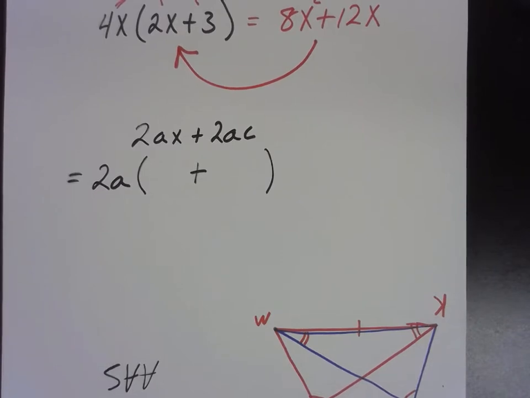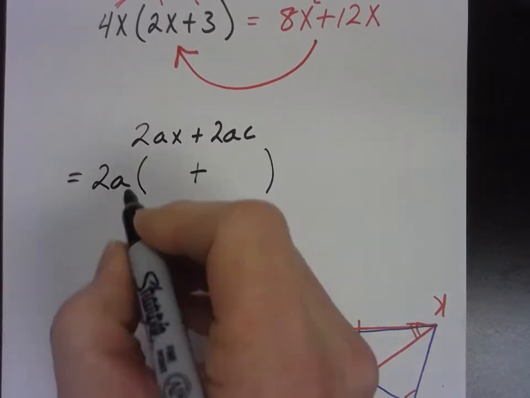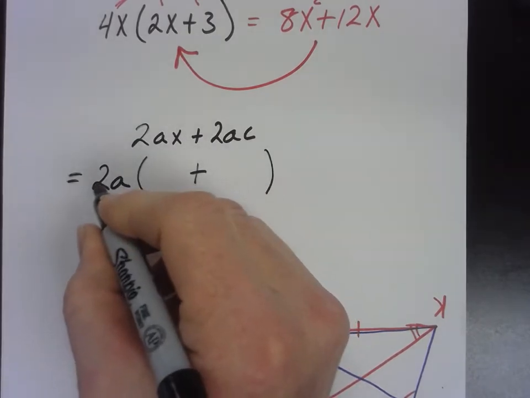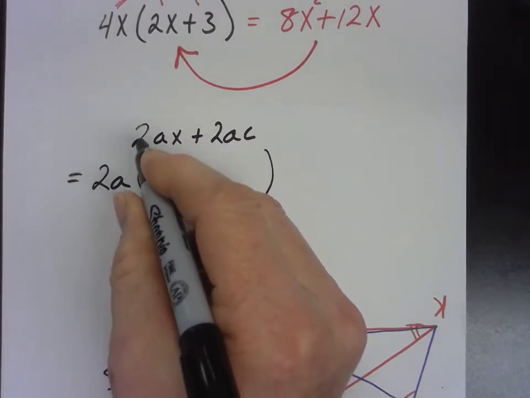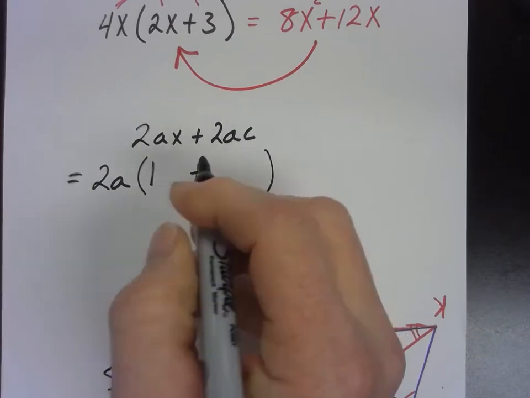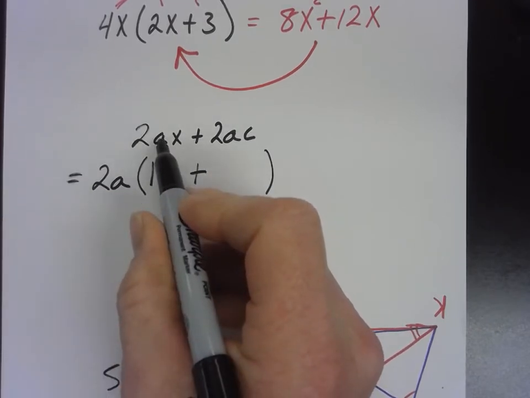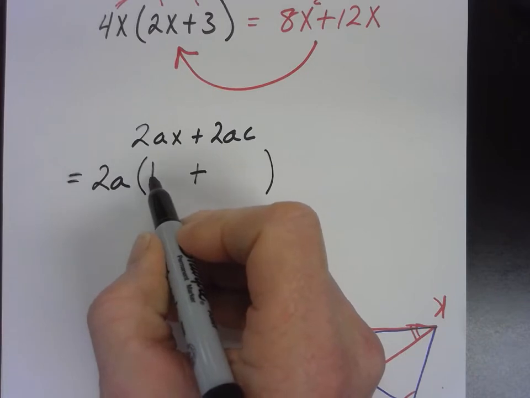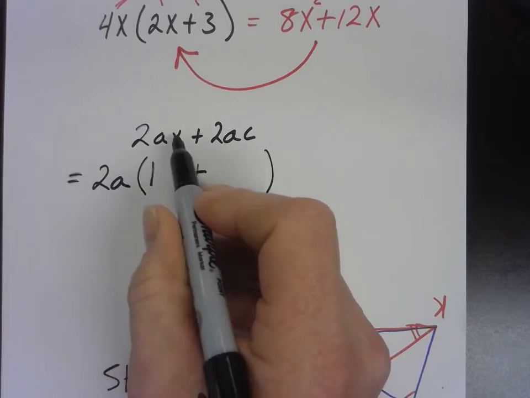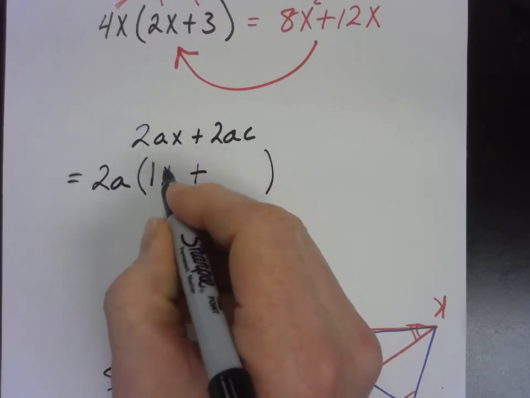Okay. So let's just see. What number do I need to have right here? 2 times what gives me 2? 1. Let's see, a times what gives me a? 1. Yeah, just 1. And 2a times what gives me the x up here? x. Okay, now let's think about this.